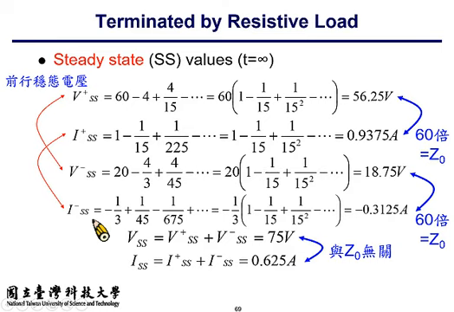All right. So V plus SS is what? SS represents steady state. V plus SS is the collection of all the positive going voltage terms. So you have V plus, V minus plus, V minus plus minus plus, and then more higher order terms.